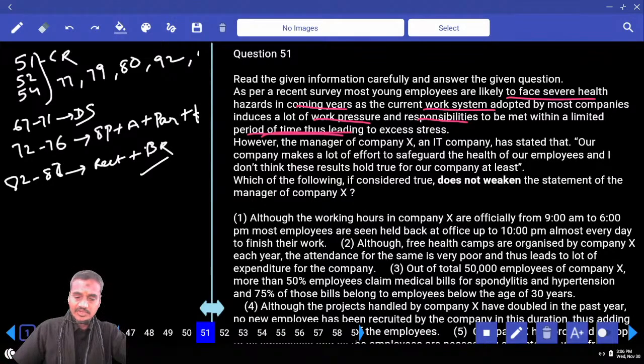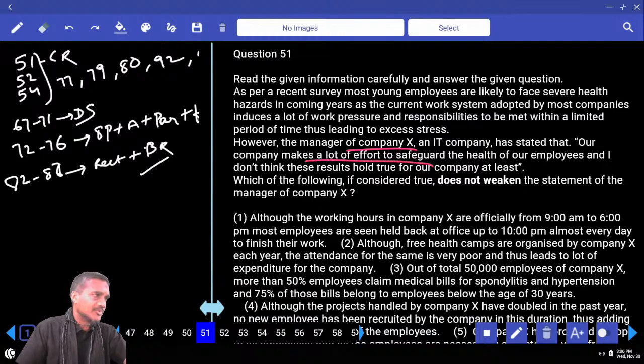Then, however, the manager of company X, an IT company, has stated that our company makes a lot of effort to safeguard the health of our employees.